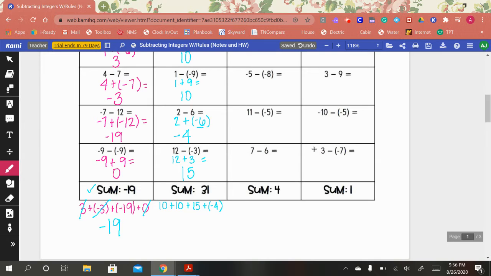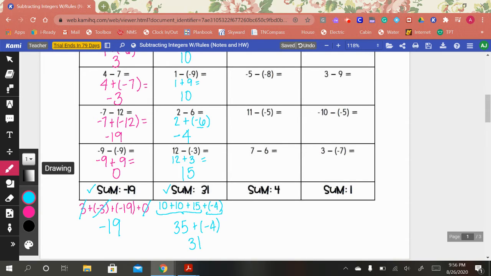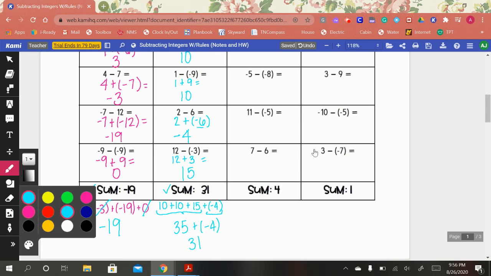So I wanted to put all of these positive numbers together, and then I would add in that negative. So 10 plus 10 plus 15 is 35. Then 35 plus -4 is going to be positive 31, and that does check out. So we have the correct answer.